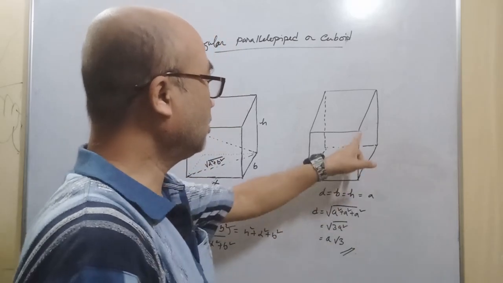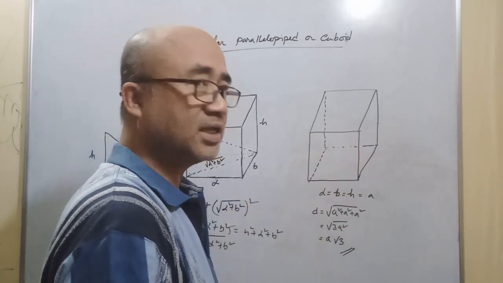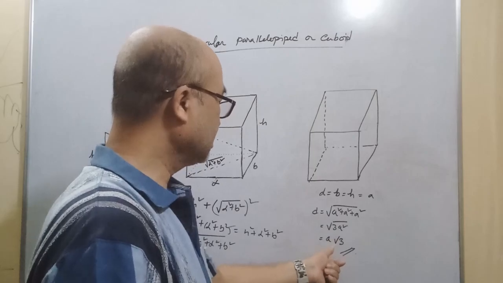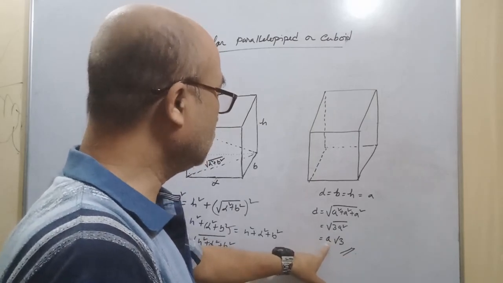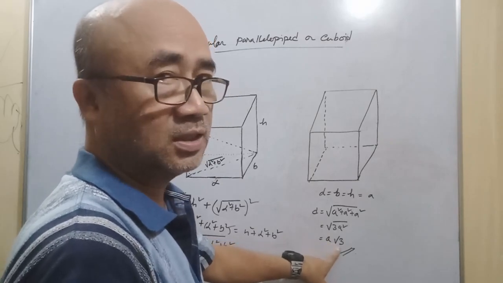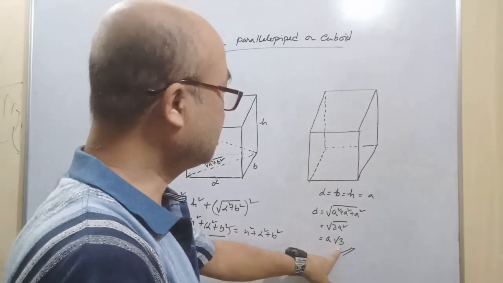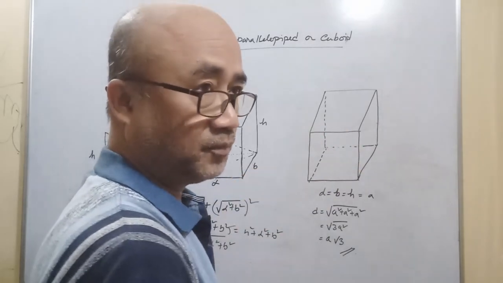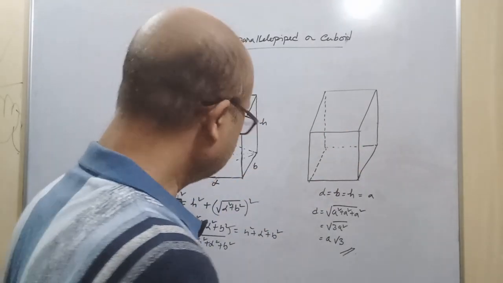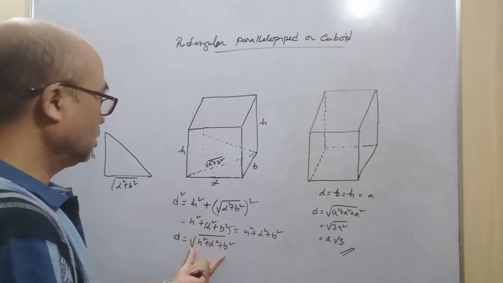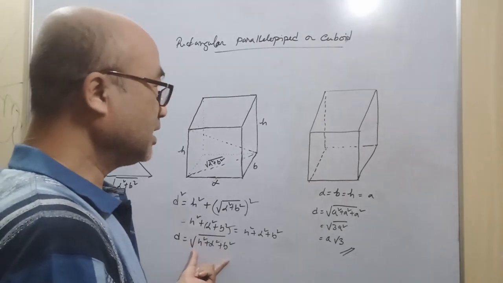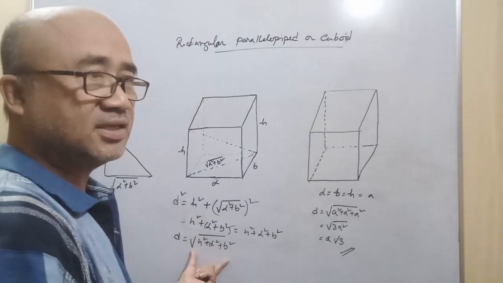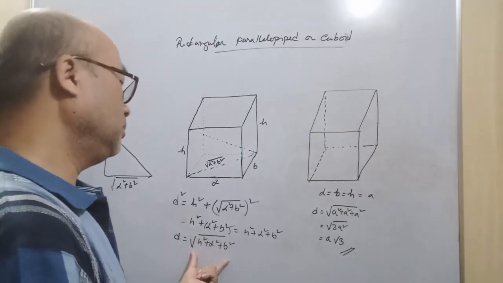Any diagonal from one vertex to the opposite vertex inside a cube is the length of one of its sides into square root of 3. So that gives us the length of the diagonal. And this is the formula for finding the length of the diagonal from one vertex to the opposite vertex inside a cuboid.